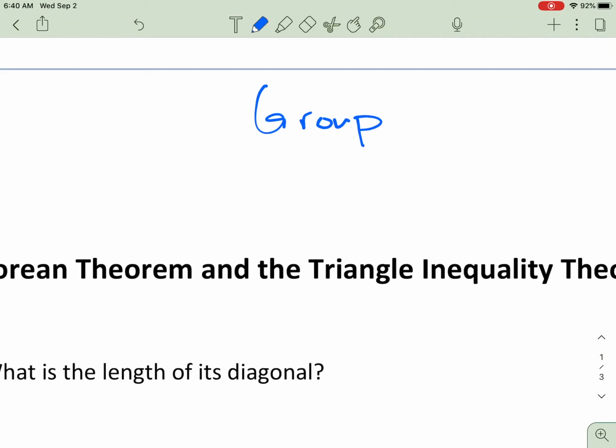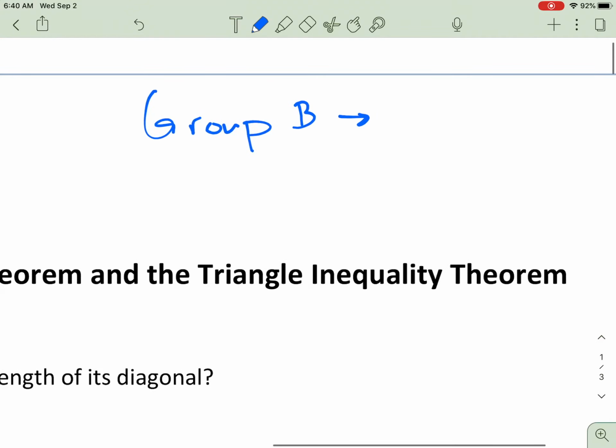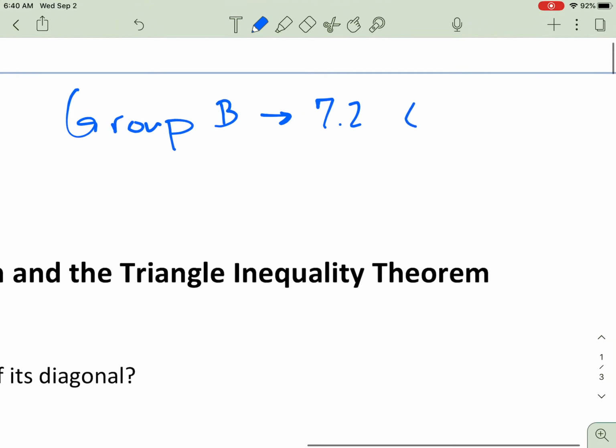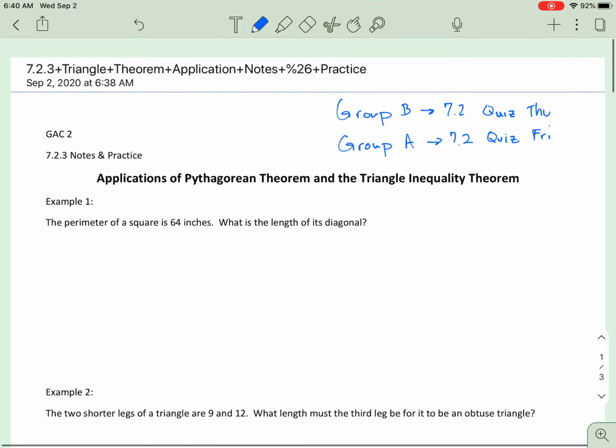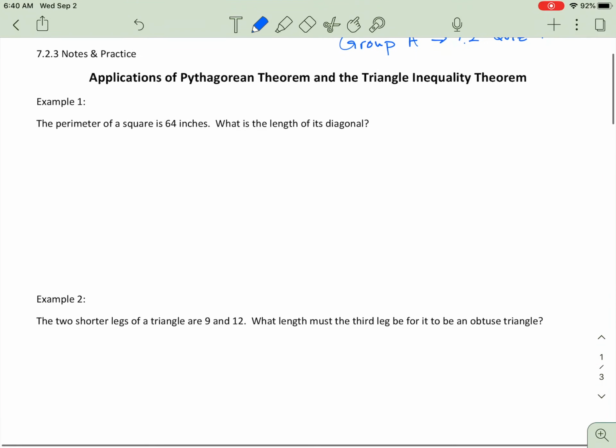Group A is going to take it Friday. Group A, we might have a little bit of time to review at the beginning, I would assume, since we're doing the same with Group B, but just be aware and be prepared.